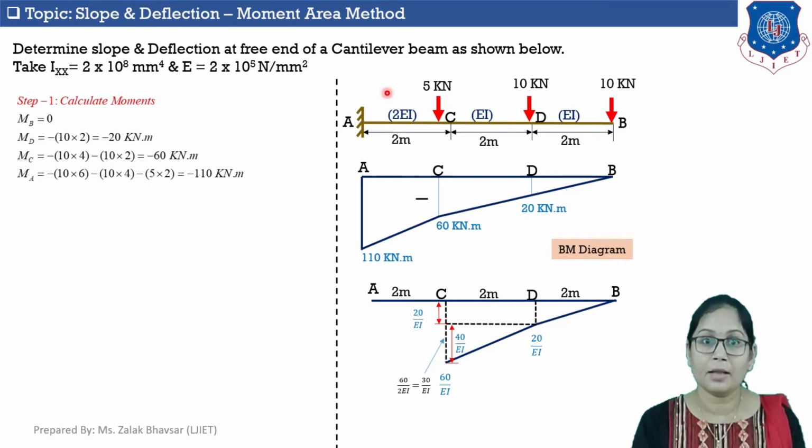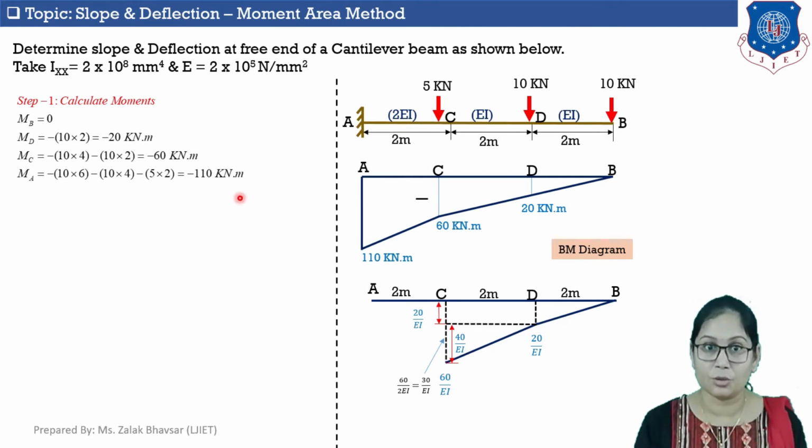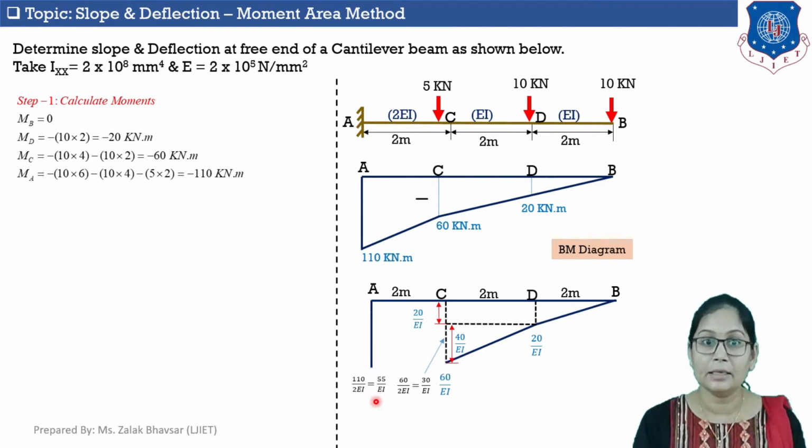Okay. Now, at point A, moment is 110 kilonewton. So I consider M upon EI, then it will be 110 upon 2 EI, which is equal to 55 upon EI. Again, in between point A and C, there is no load, so bending moment line will be straight inclined line.